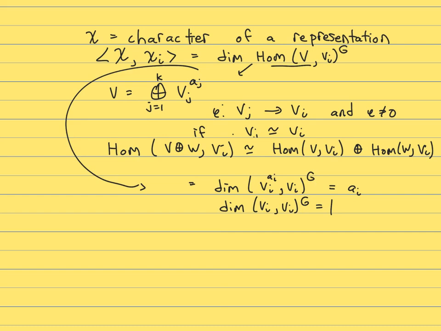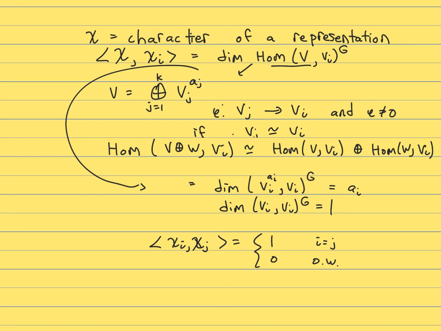In particular, you do get that the inner product of irreducible characters xi, xj is going to be 1 when i is equal to j and 0 otherwise. They are orthogonal. You'll quickly notice the thing that we haven't proven yet is that they actually form a basis for the space of class functions, and we'll prove that next.